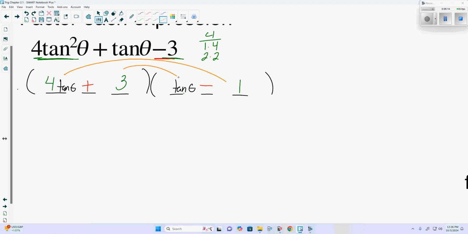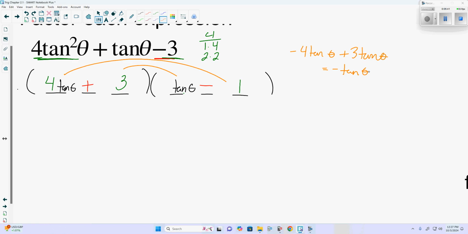And the last thing we need to do is check and make sure we got the correct setup. 4 tangent times -1 is -4 tangent of theta. And our 3 times tangent of theta is plus 3 tangent of theta. And -4 tangent of theta plus 3 tangent of theta is negative tangent of theta.